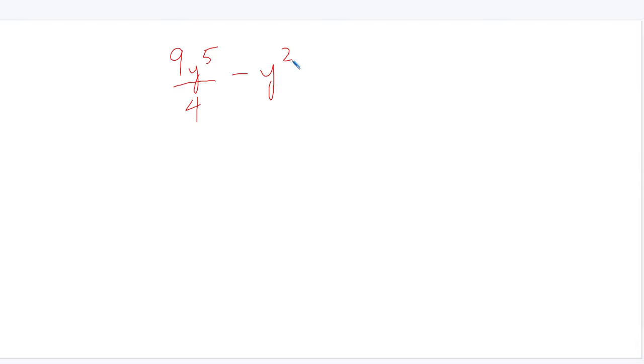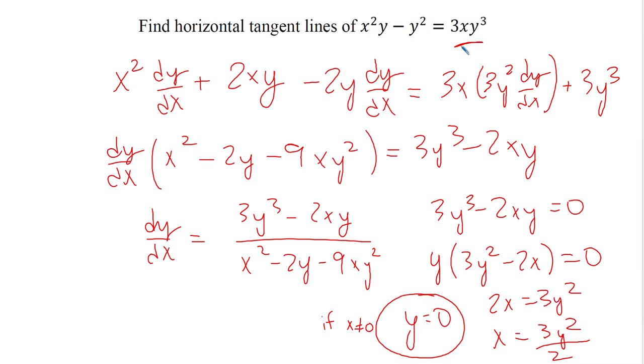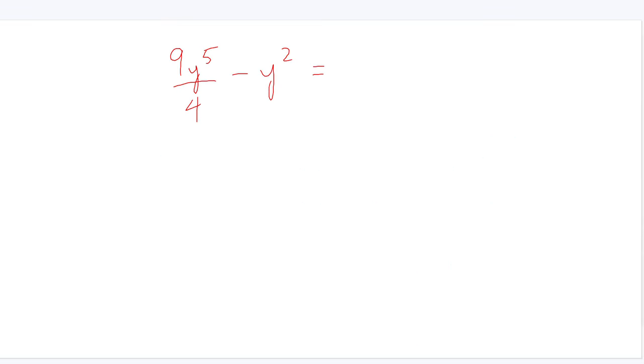And then it was equals 3x times y cubed. So that'll be equals 3 times our x, which is 3y squared over 2. So that'll be 9y squared over 2. And then we're multiplying it by the y cubed, right? So that'll be 9y to the 5th over 2. And we should then really quickly be able to just solve this down.